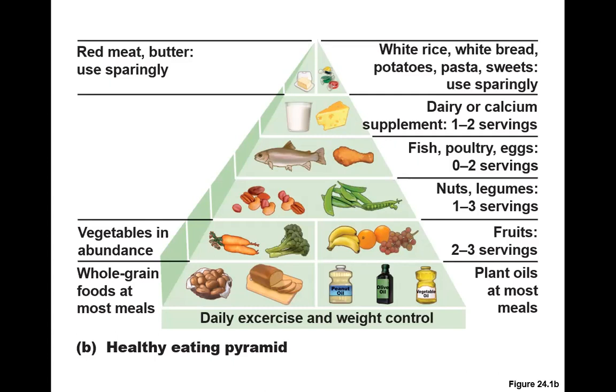And even then, think about Michael Phelps, the swimmer who won all those gold medals. He would consume 10,000 calories a day. He would eat from McDonald's and other places, 10,000 calories a day, but he was burning off about 12,000.